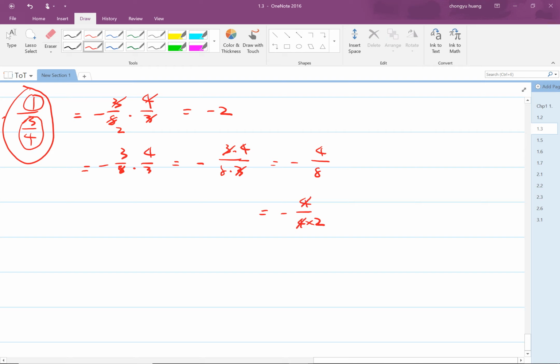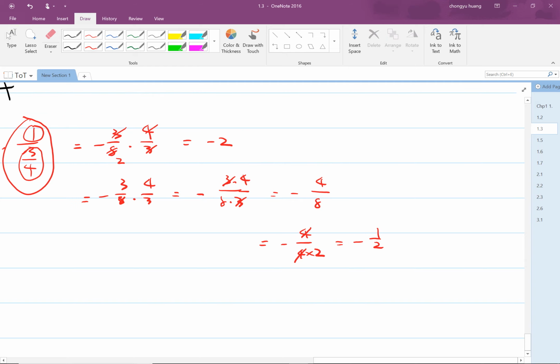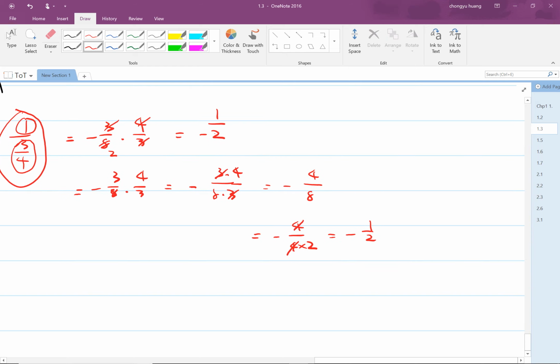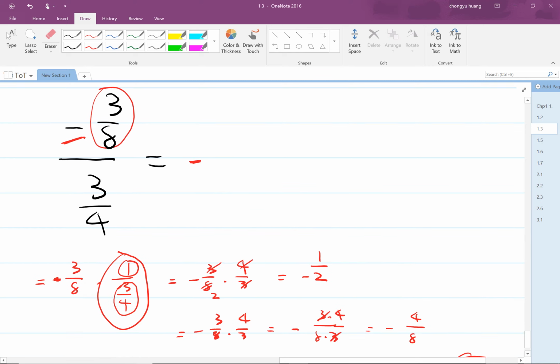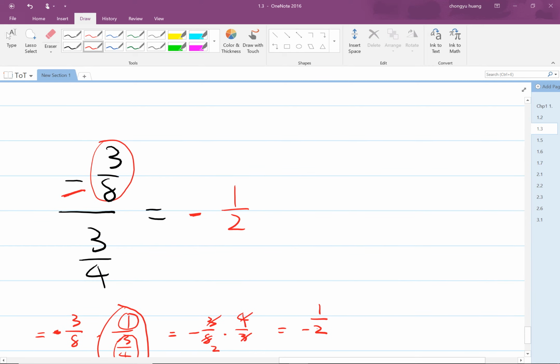So 4 and 4 cancel, and this cannot. This is the most simplified form, ever. It just cannot cancel anymore. So here we go. Since 8 is the denominator, you know the answer is actually negative. So the answer is actually negative 1 over 2.